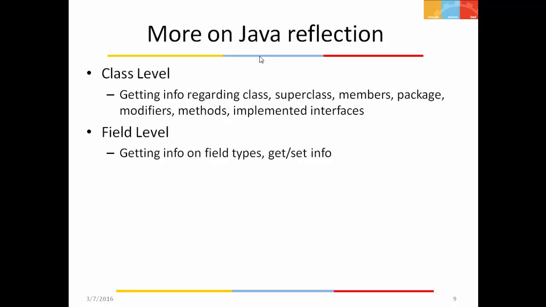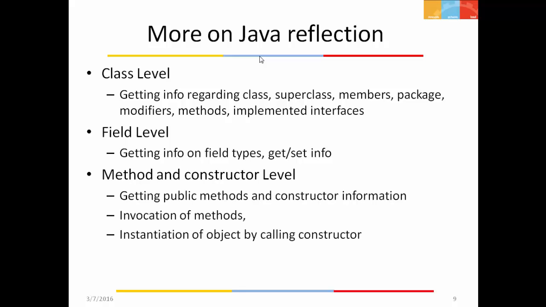At the field level, it can give you different types of fields that this class is using, get and set information, and so on. At the method and constructor level, it gives you information about what the public methods are, what the access specifiers are, what the constructors are, and what the parameters of this method are.